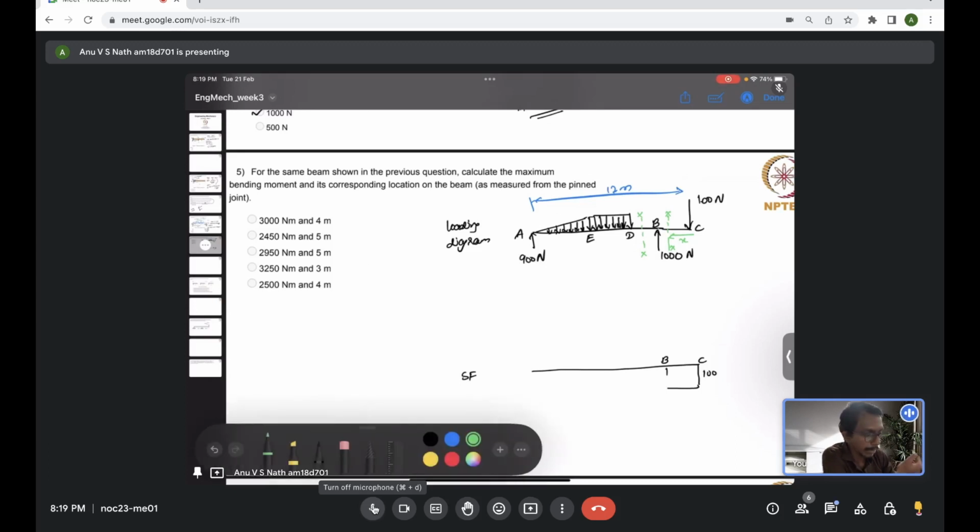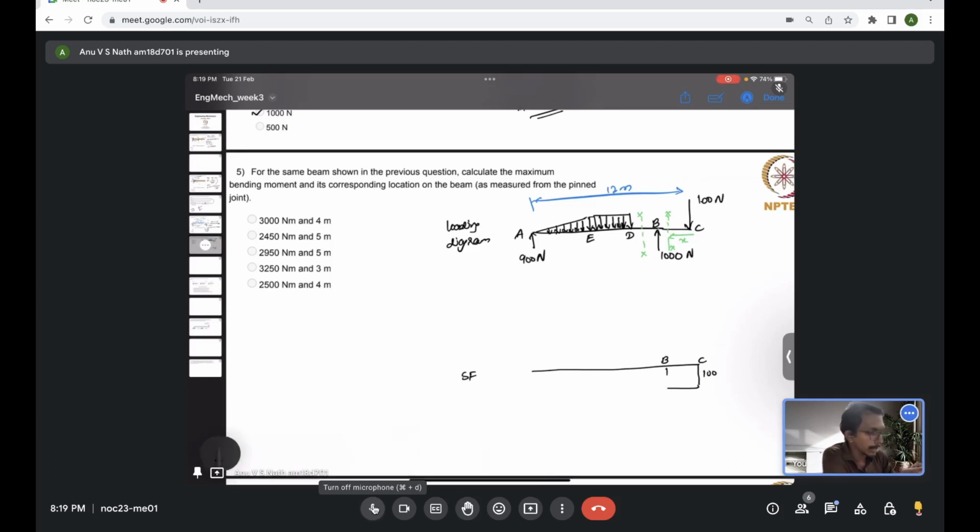The sudden change from 100 Newton to 900 Newton, in the negative to positive value, is happening at the location B. So what you will see is that the shear force is changing like this and continues to be 900 Newton after B until D. Until the location D, nothing else is changing, no other force is acting.